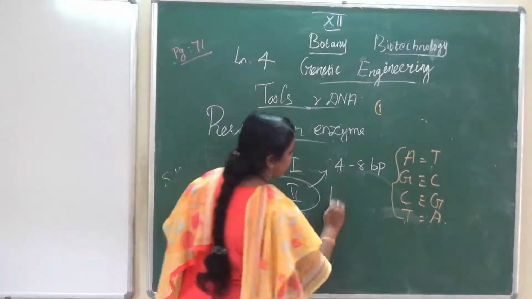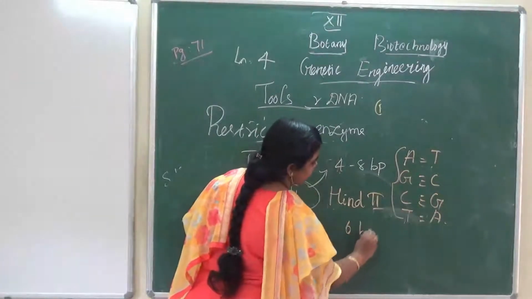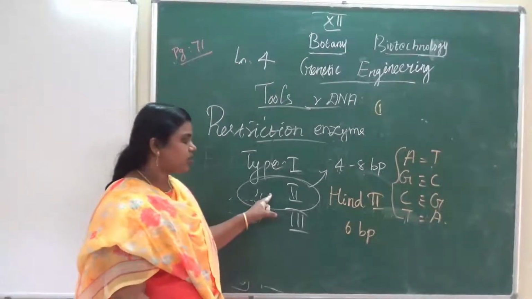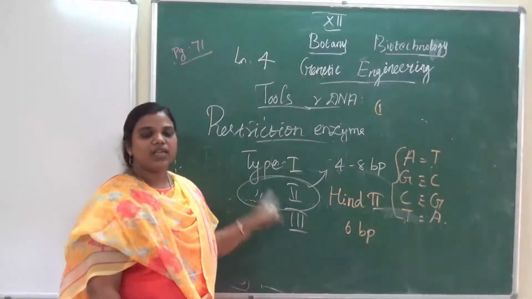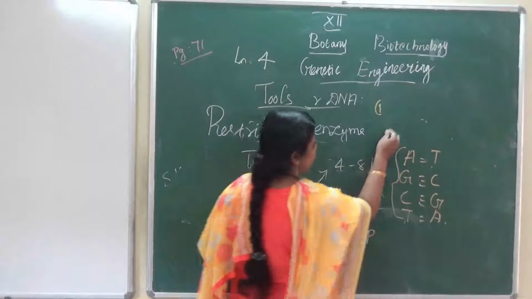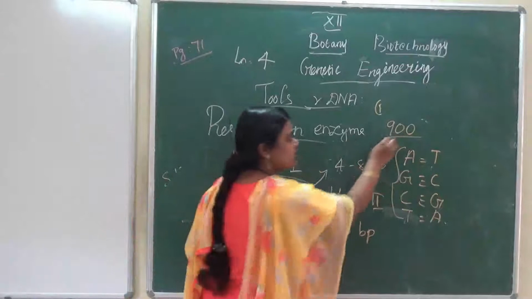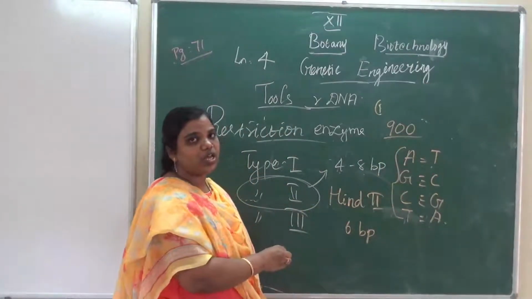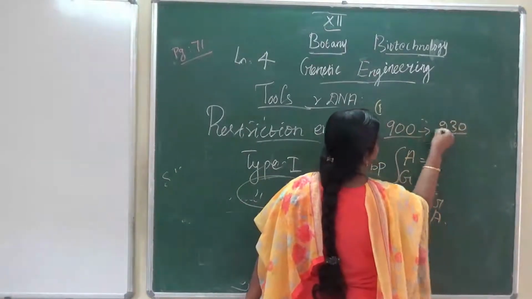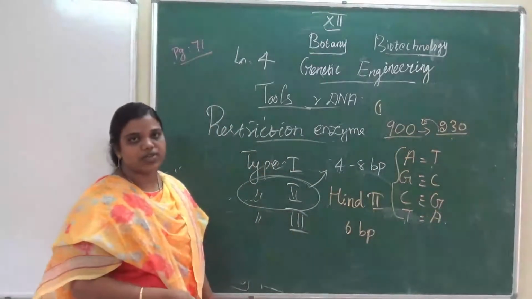One more example, HindII also cuts a 6 base pair DNA fragment. Nowadays about 900 restriction endonucleases have been discovered from 230 bacteria.